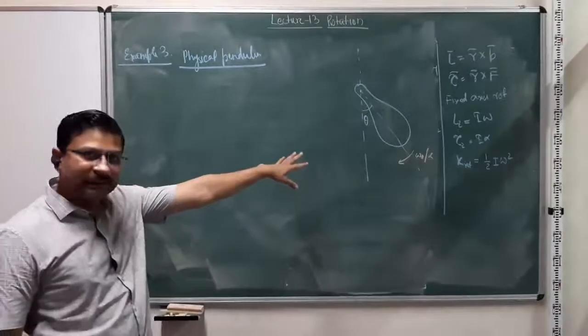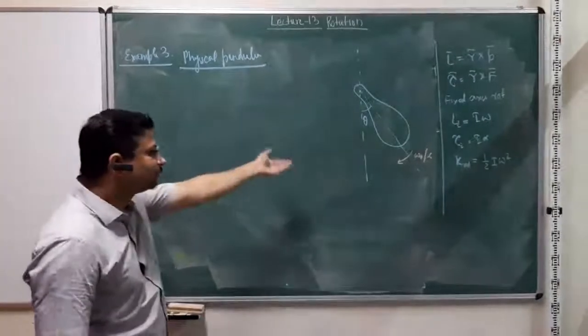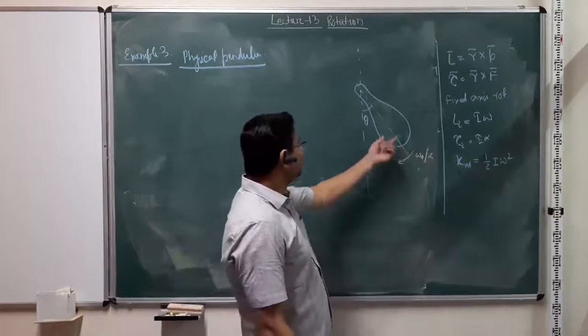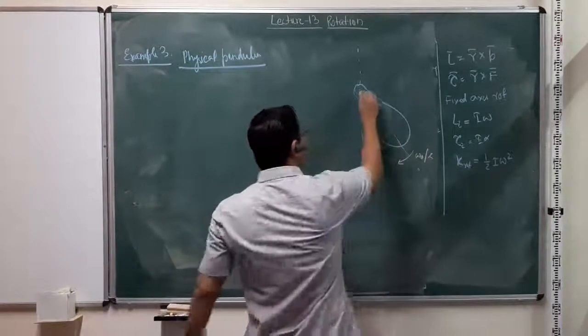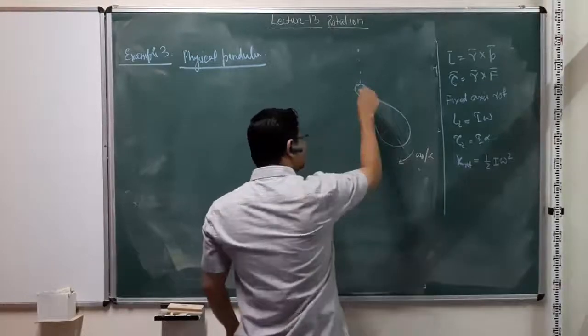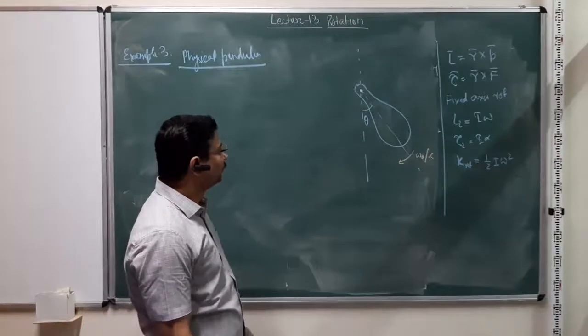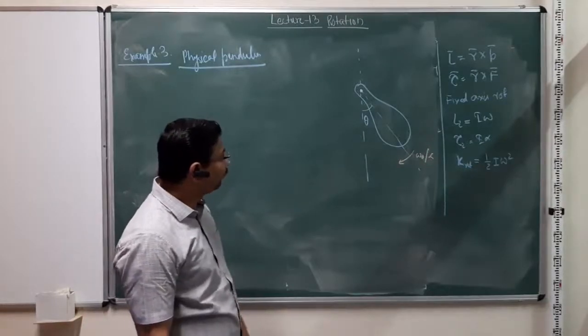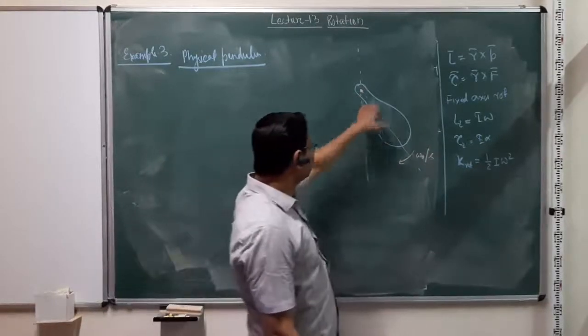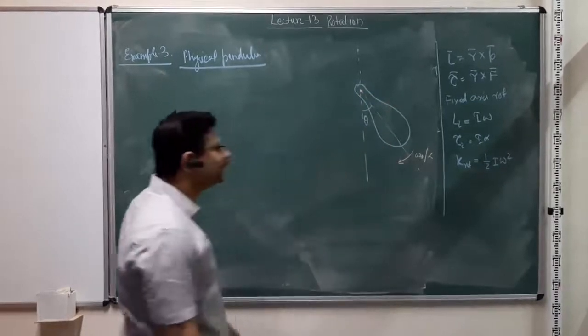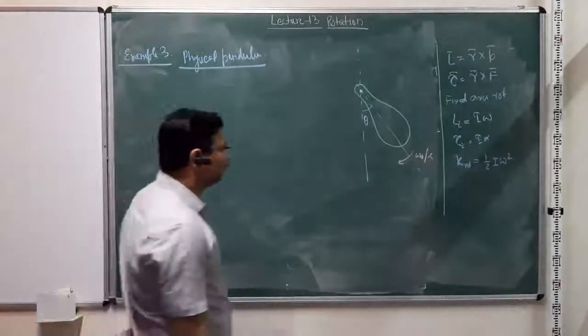And now I want to solve this. However, I am not going to use the force balance and all that. I am simply going to see this as a rotation about a fixed axis, right, which is passing through the pivot and perpendicular to the plane of the motion. So about this axis, I am just going to consider this as a rotational motion and then solve for it.